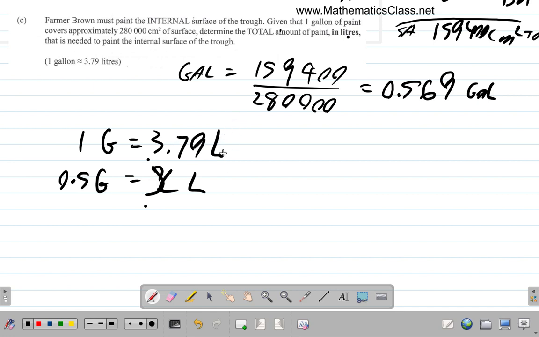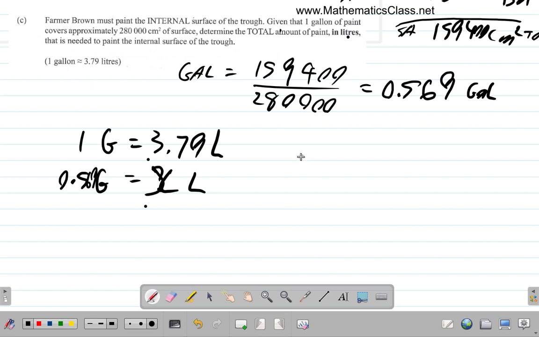0.569 exactly, not half. I don't know why I put half first of all. All right, so whatever you do to the 1 to make it 0.569, you have to do the same thing to 3.79 liters, at the same ratio.